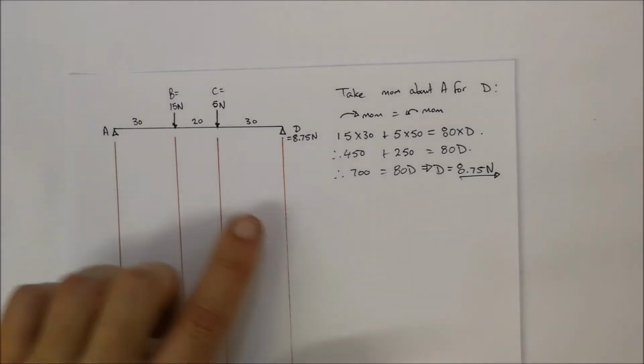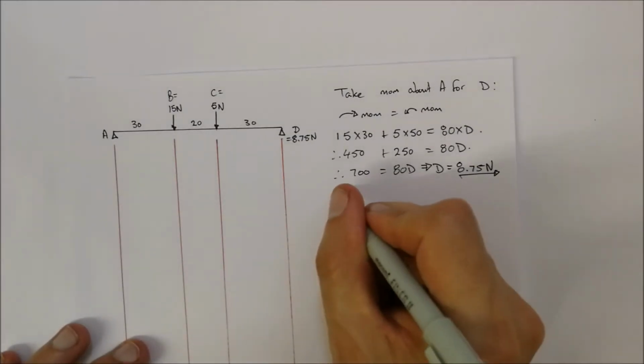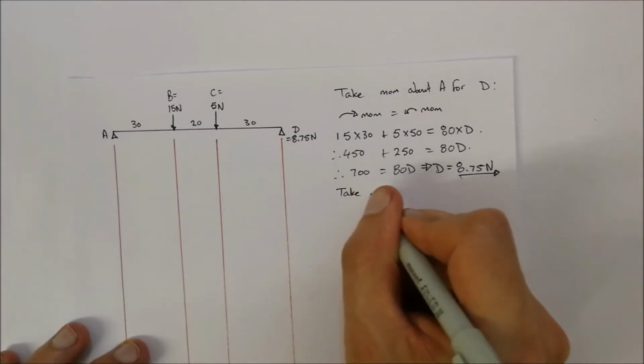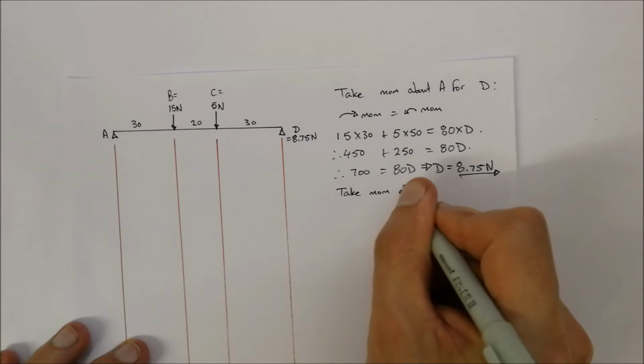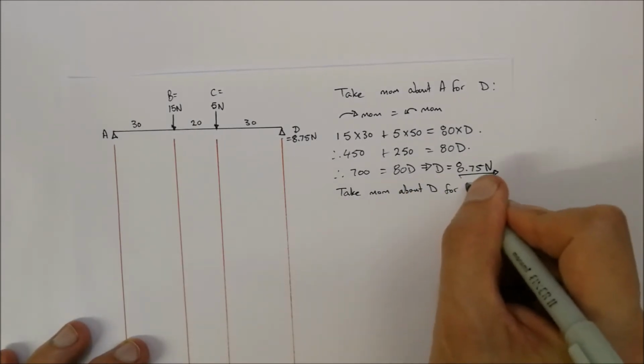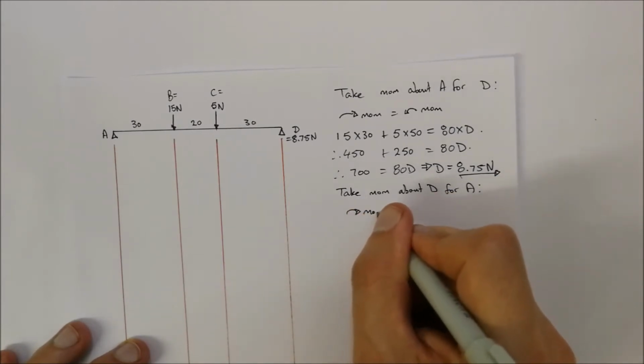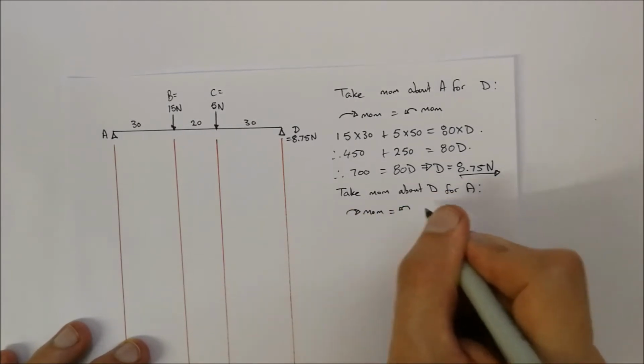Now we've got D, we need to calculate what A is. We're going to do the same approach, taking moments about D this time for A. Again, clockwise moments is equal to anti-clockwise moments.